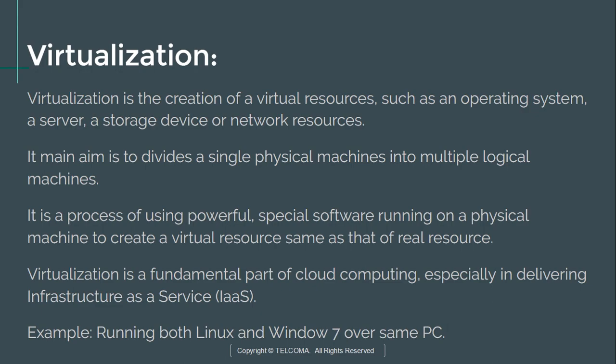It is a process of using powerful specialized software running on a physical machine to create a virtual resource the same as real resources. We are using VMware to create desktop virtualization, and in the same way many other software tools are used to do virtualization.